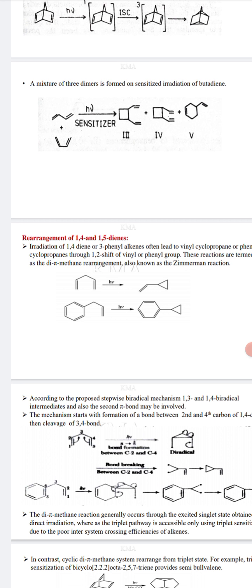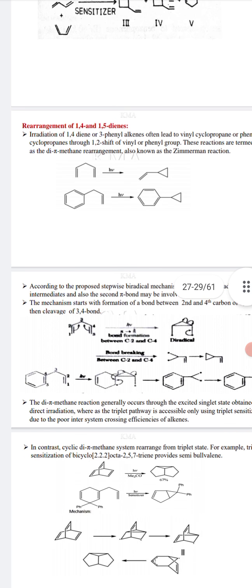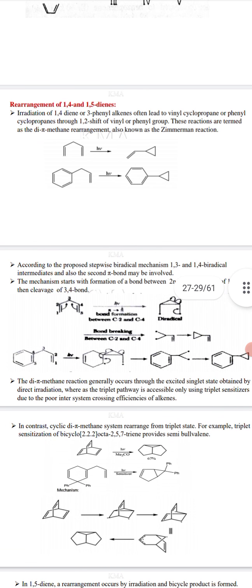So in case of intramolecular reactions of olefinic bond, the other one is rearrangement of 1,4 and 1,5 dienes. Irradiation of 1,4-diene or 3-phenyl alkenes often leads to vinyl cyclopropane.